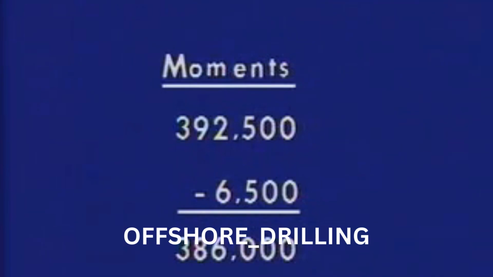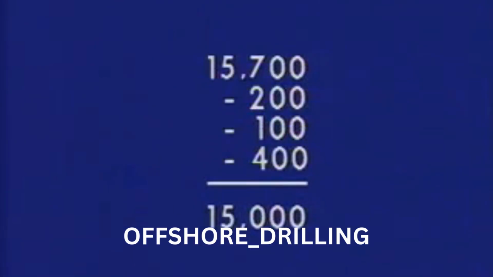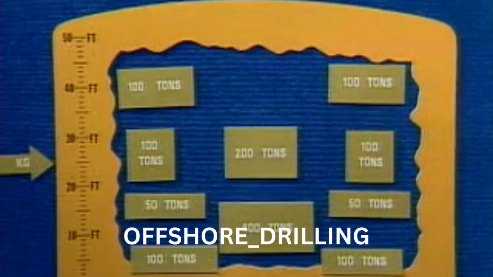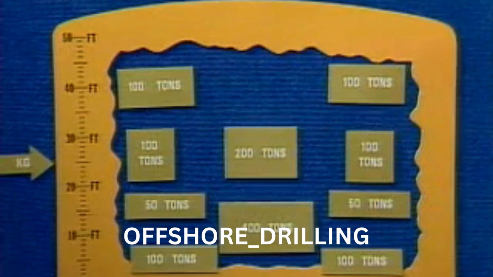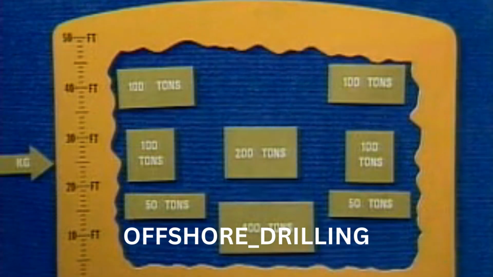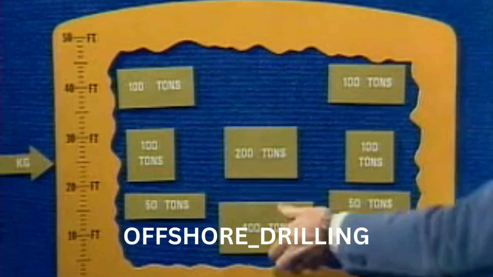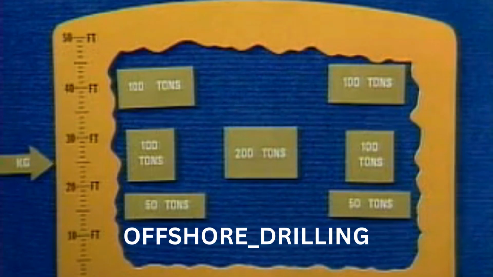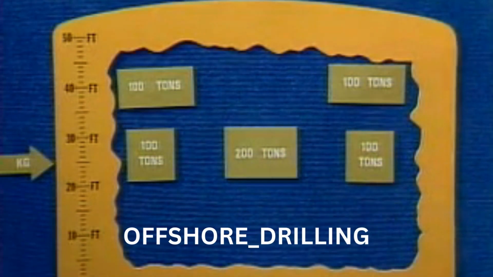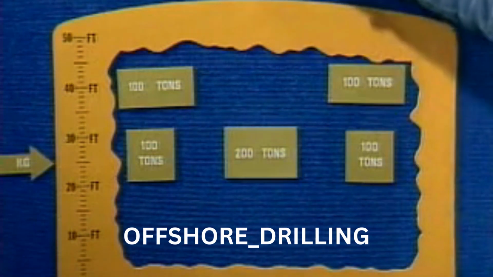We subtract this from the moments for the vessel, 392,500 foot-tons, and we get 386,000 foot-tons, which are the final moments. The final displacement is found by subtracting the weight of the removed cargo from the initial displacement, or in other words, 15,700 tons minus 200 tons minus 400 tons minus 100 tons, which gives us 15,000 tons.